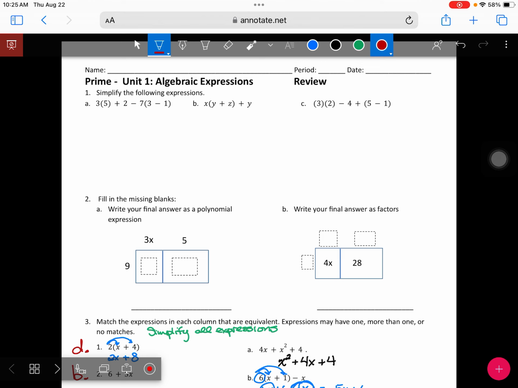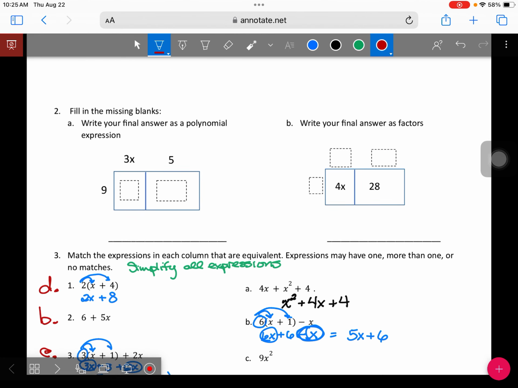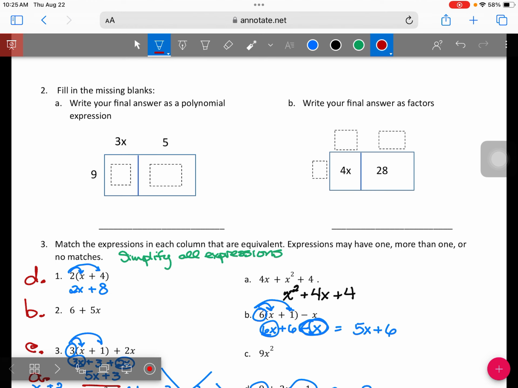Okay, we only have a couple more to go, and I do have one more example of finding the nth figure that I would like you guys to try. But first of all, number 2, what's the final answer of this type of area written as a polynomial expression? A polynomial expression means it's going to have plus or minuses in between.